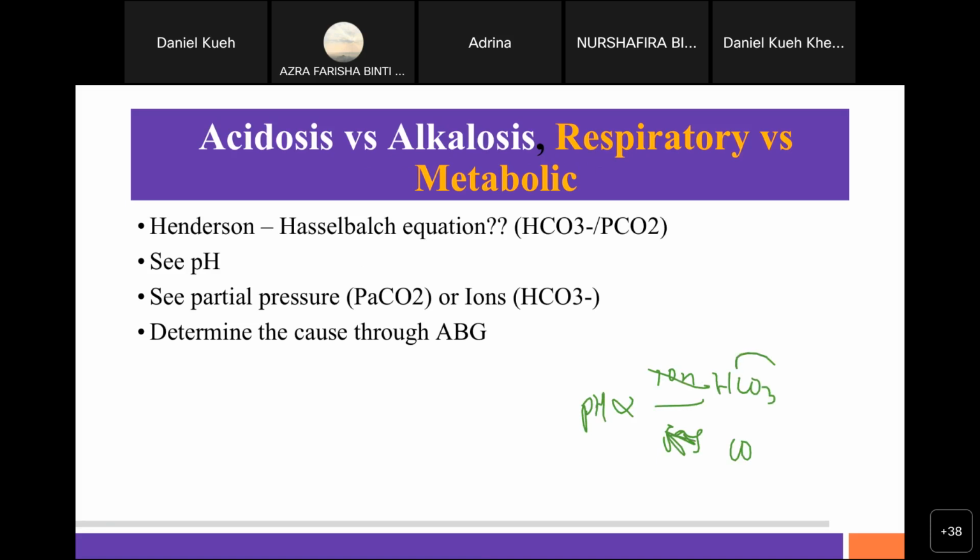If this stays normal and this is high, then your pH should be high. If CO2 is high, then pH is low, an inverse proportion, not directly proportionate. Just basically play with the equation.